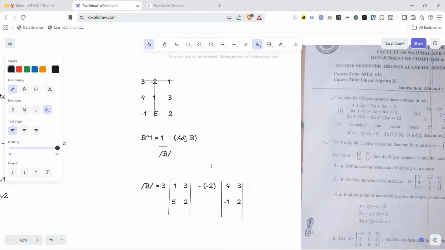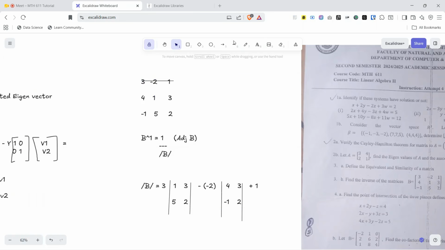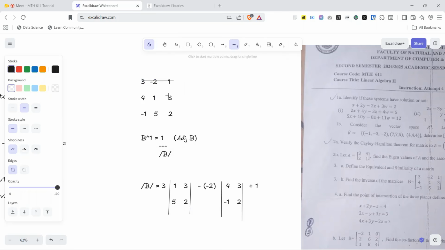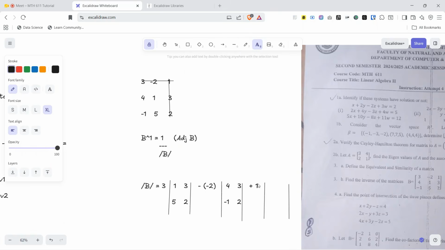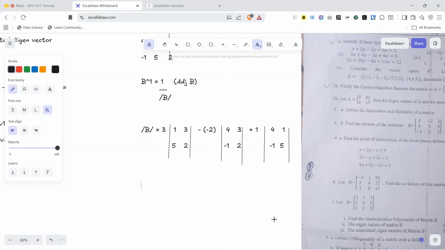Then for the third one, it will be plus 1 into the determinant of 4, 1, minus 1, 5. So this is to get our determinant.